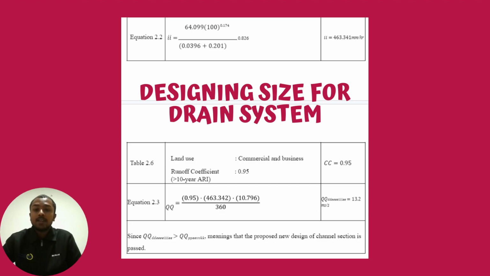This is the remaining calculation for the drain, and as you can see, the I value is 463.341 millimeter per hour, the C is 0.95, and the Q is 13.2 meter cubed per second.